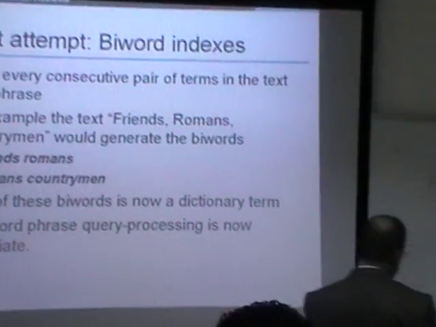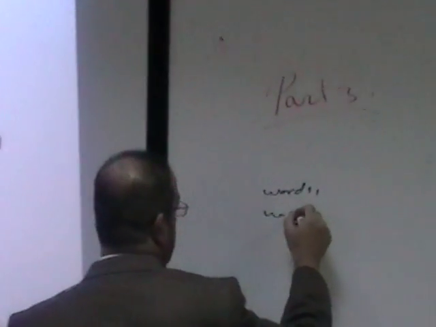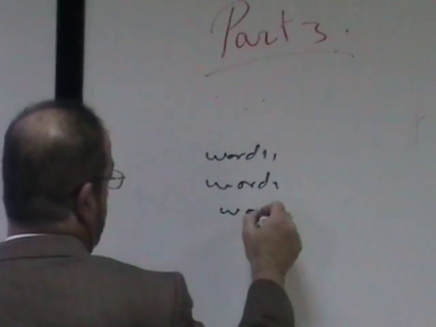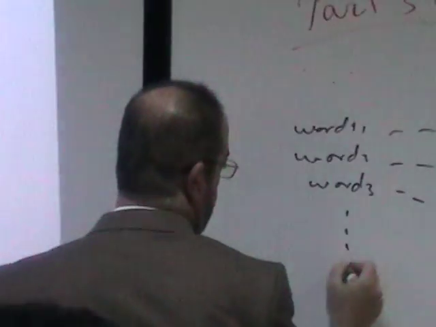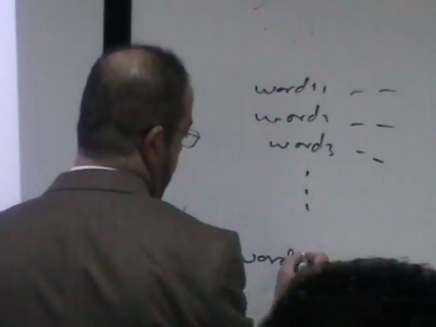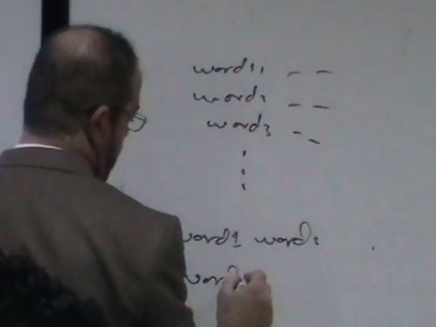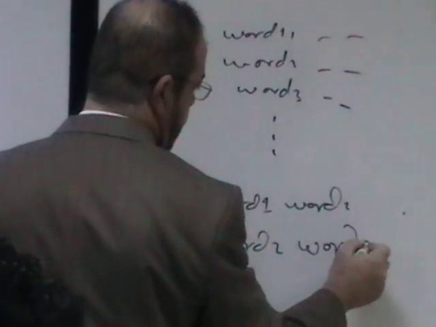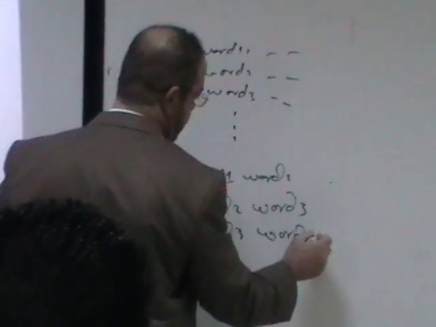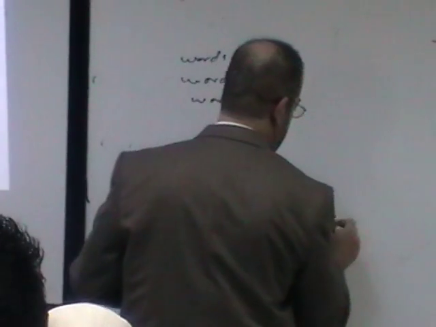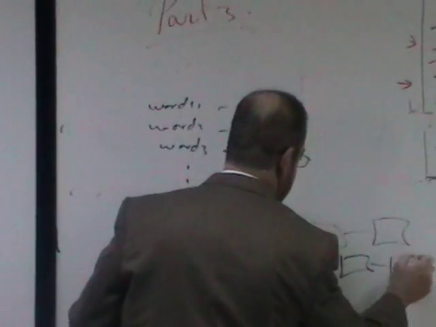So you can think of the dictionary as containing term 1 term 2, term 2 term 3, term 3 term 4, and so on, with the list of documents that contain the phrase.